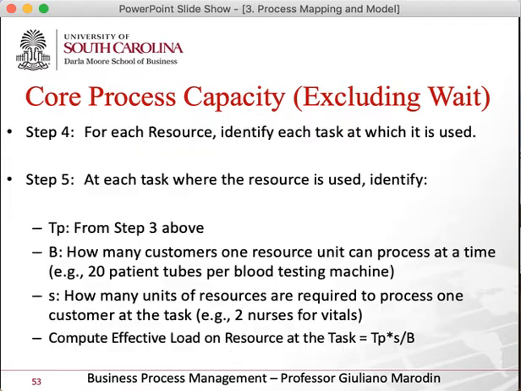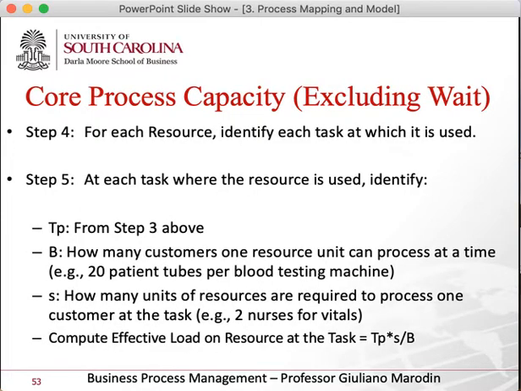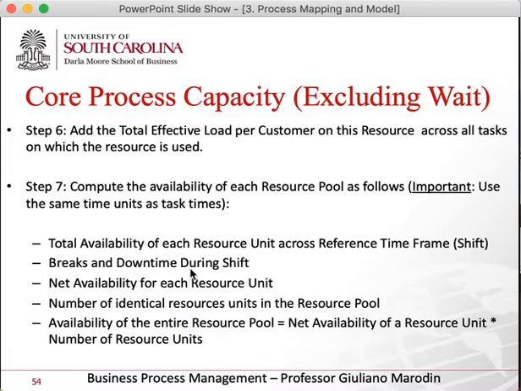So we're here. I'm going to calculate the load of those resources, how much time I'm using of that resource to produce one product. And then I'm going to add the total load here and compute the capacity for each one of those resources. So, okay, I have the time per nurse, but I have 10 nurses. Or I have 5 doctors and I have 2 people at the front desk, right?